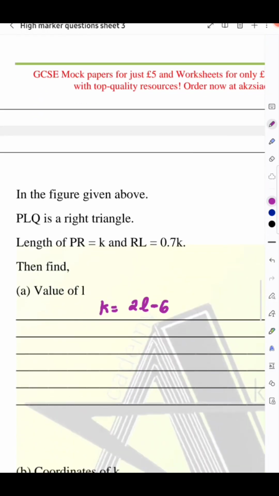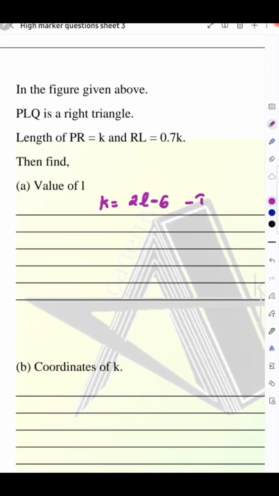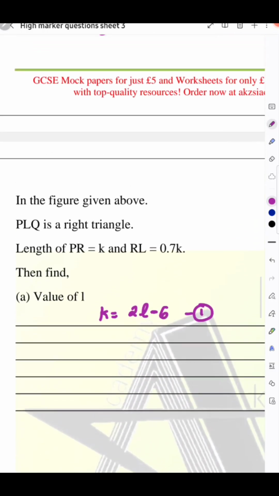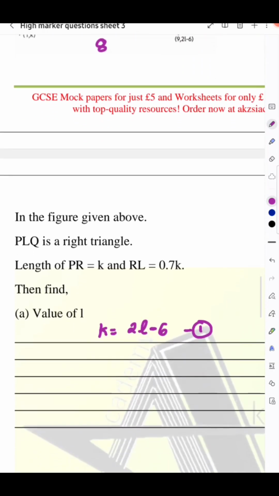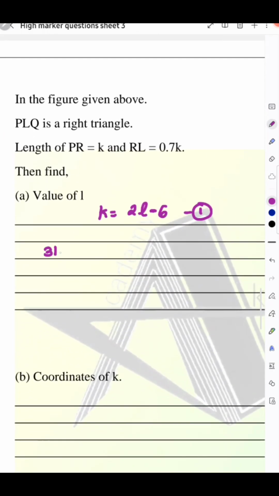So I have one equation, and the second equation would be (31 minus 2L) whole squared plus 8 squared is equal to (1.7k) whole squared. Because we have already calculated k in terms of L, so replace k with L.